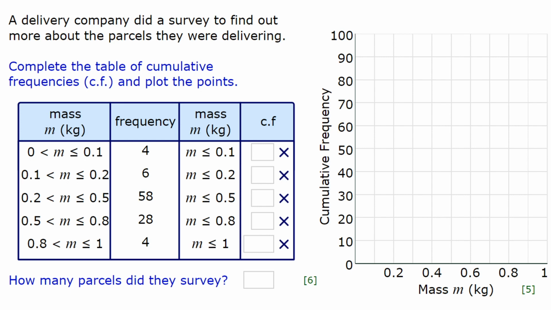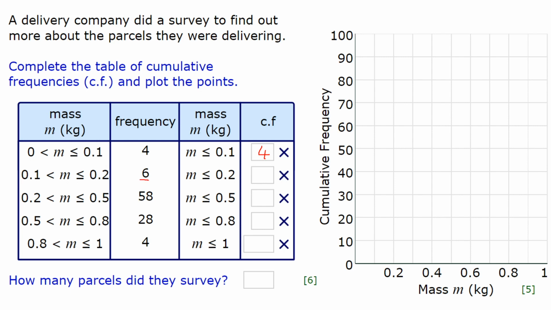Well, if you remember from the last video, all we're going to do is add up the frequencies as we go along. So here's how we do it. The first thing we need to do is for the cumulative frequency, this is just going to be 4, nothing more to it. Now we add the next frequency as we go.